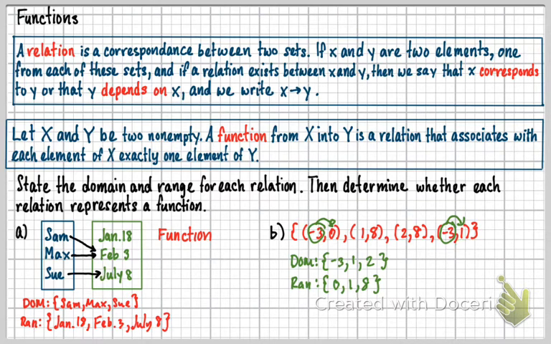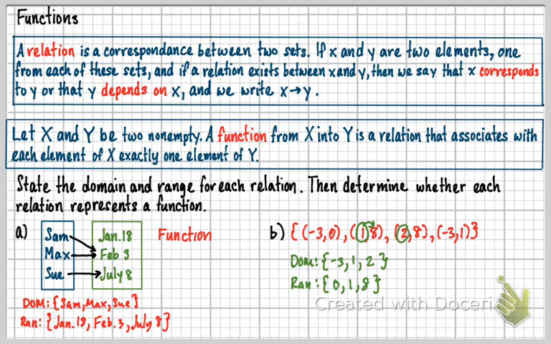Now think about this here. If I look at these two middle ones, 1, 8 and 2, 8, this 1 in the x set goes to exactly one element, right? Because there's no other ones.